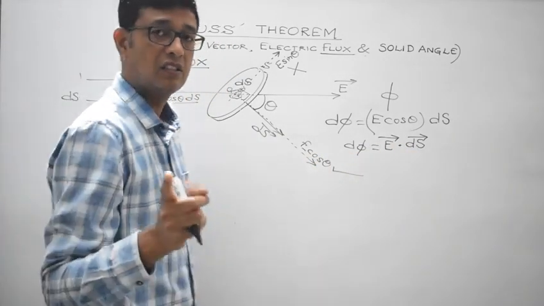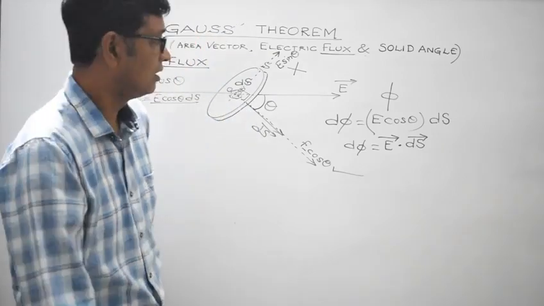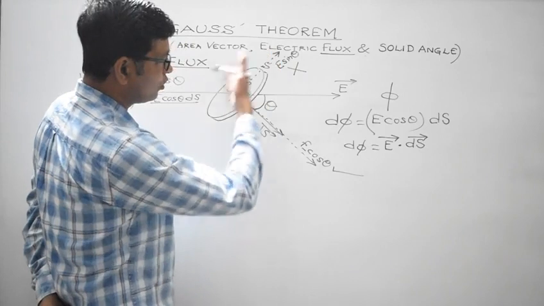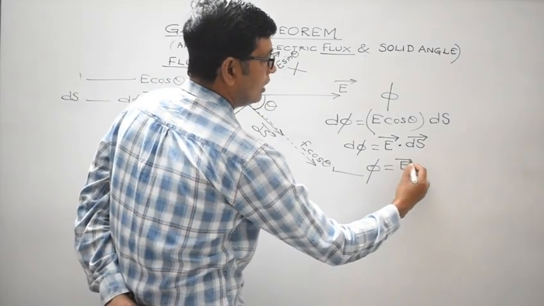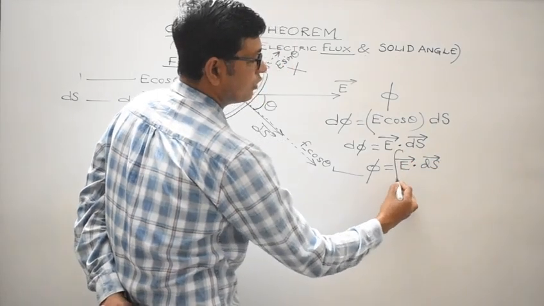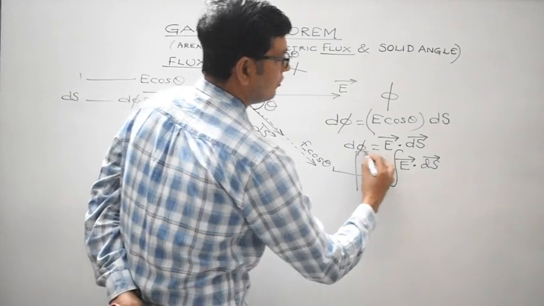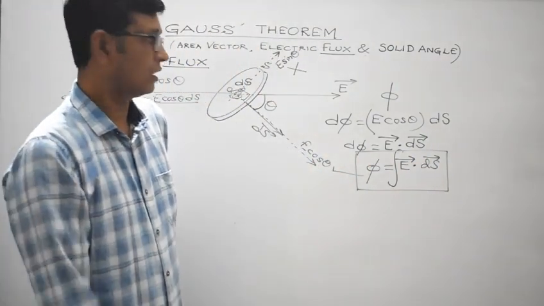The flux is a scalar quantity having magnitude but no direction, right? So what will be the total flux associated with the entire surface? It may be represented as the integration of E vector dot ds vector. This is the expression for the flux, right?